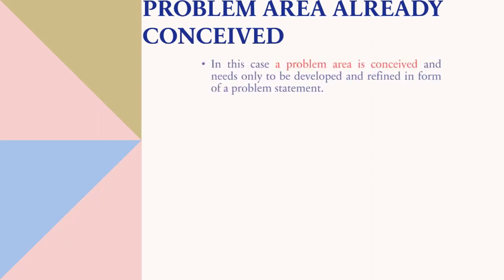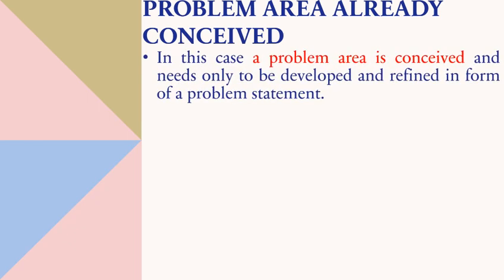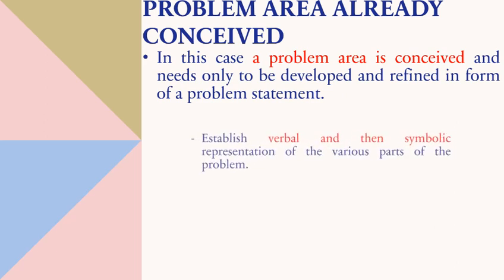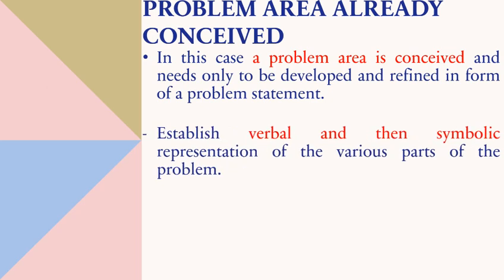This happens when a problem is conceived and only needs to be developed and refined in form of a problem statement. So it means that you're already very clear about what you need to research and therefore you need to formulate. So in this case, it is important to establish the verbal and then symbolic presentation of the various parts of the problem.